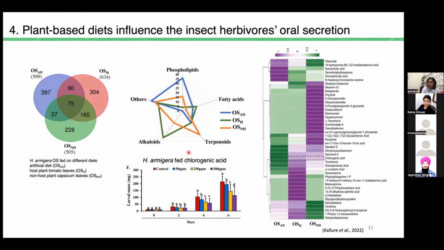So right now we are exploring more in this area also, and we'll try to understand through proteomics and other approaches, and know the specific components in the oral secretion which might act as a defense activator or suppressor in the plant, and this could be utilized as a sustainable crop protection strategy.